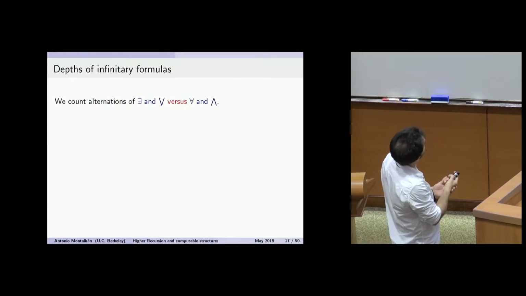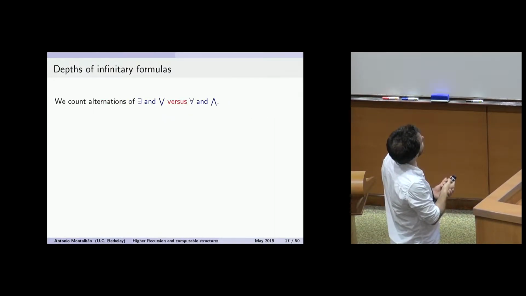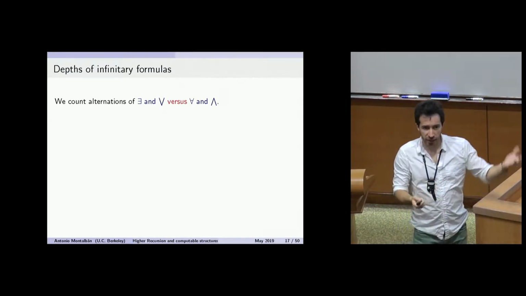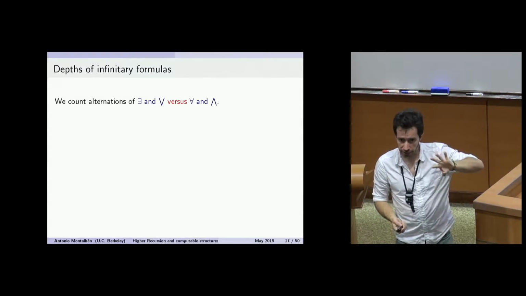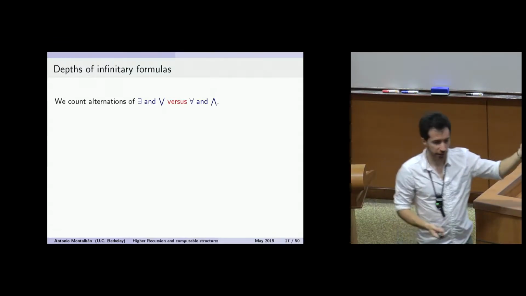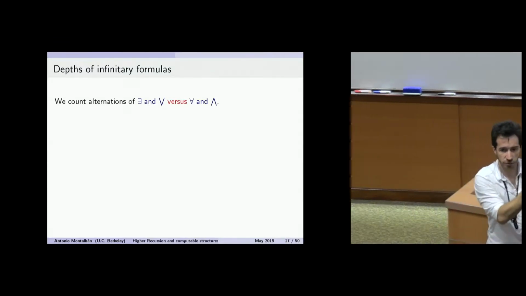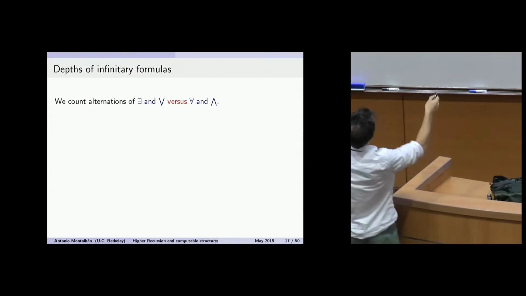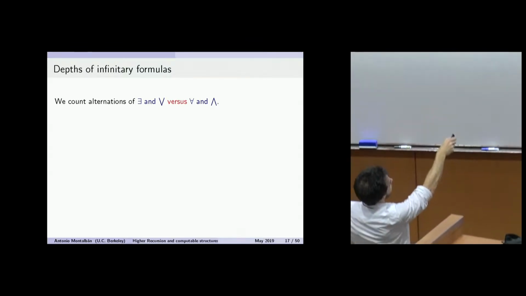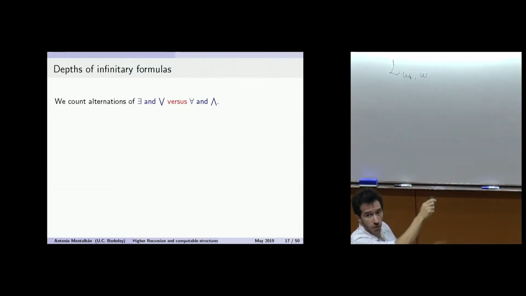Okay, so we're going to count the complexity of infinitary formulas the same way as we do for the finitary ones, like the sigma n and pi n formulas. In the case of finitary formulas, we count alternations of quantifiers. In this case, we're going to count alternations of exists and infinitary ors on one side versus for alls and infinitary ands on the other side. So we count alternations when you go from one to the other.